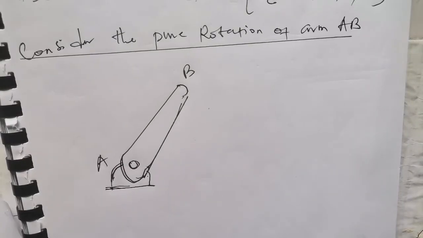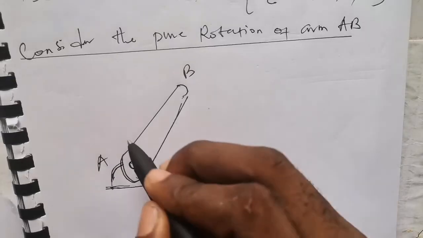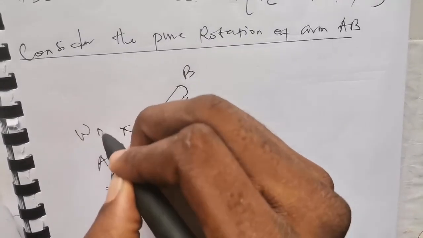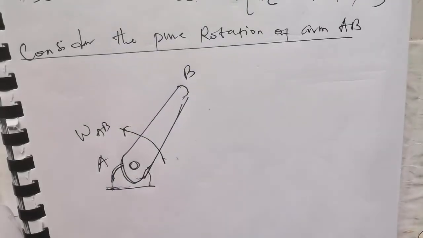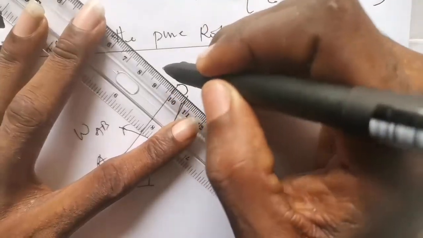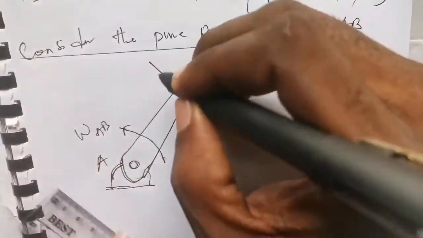Now we consider the pure rotation of A, which is A to B. Remember the motion is anti-clockwise. You have something like this, omega AB, and of course you have a speed which acts at 90 degrees at the free end, and it must be in the direction of motion.